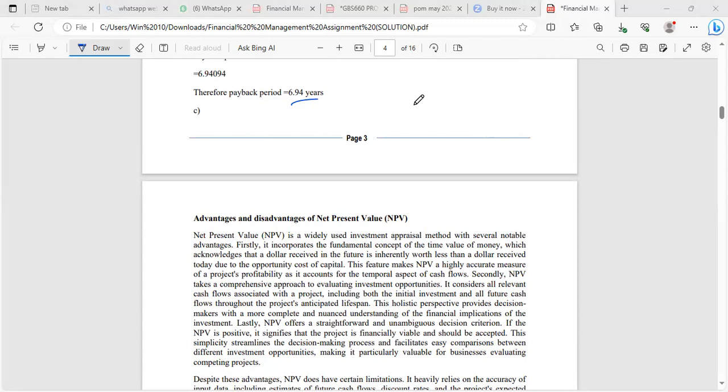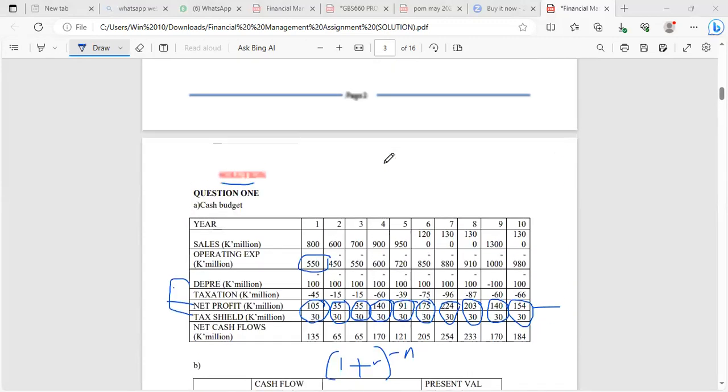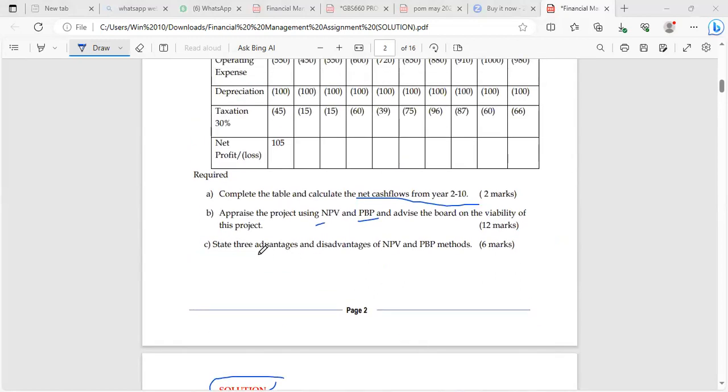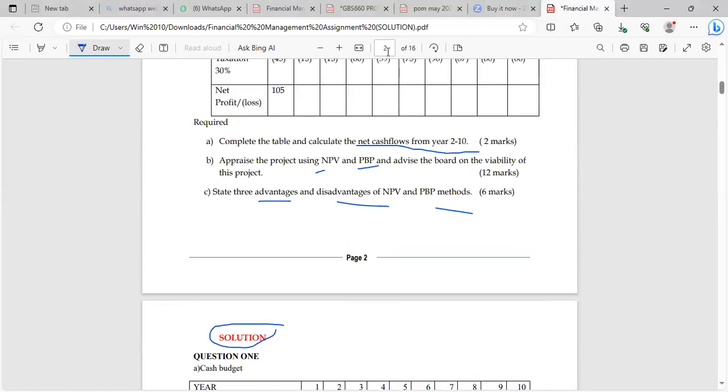All right, so now getting down to this one, it says, what are the advantages and disadvantages of using payback period? Hello, sir. Yes. Sorry, I'm going to take you back, where you said 6 plus 239 over 254.